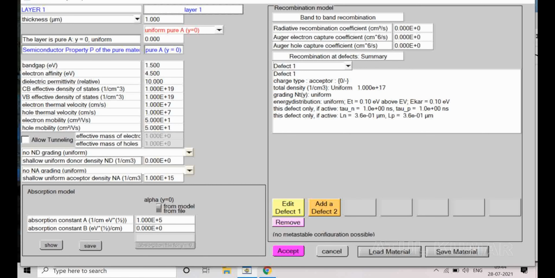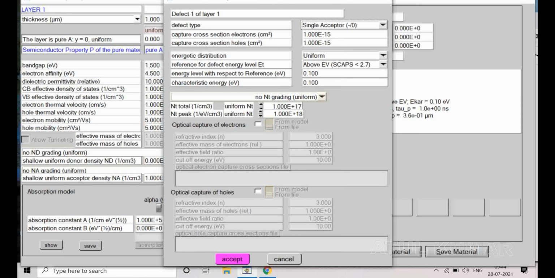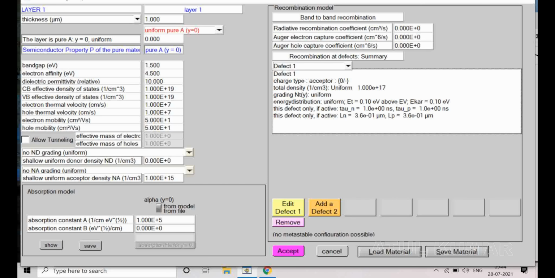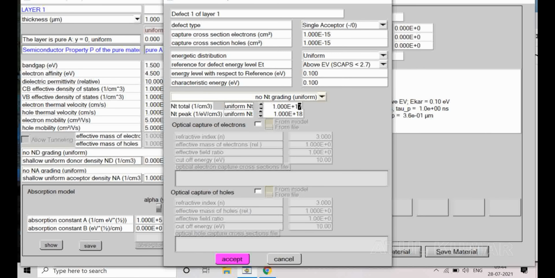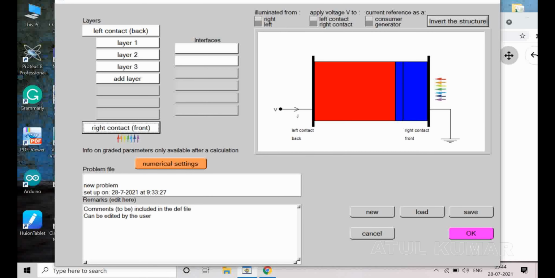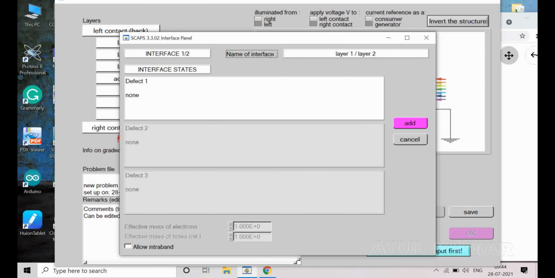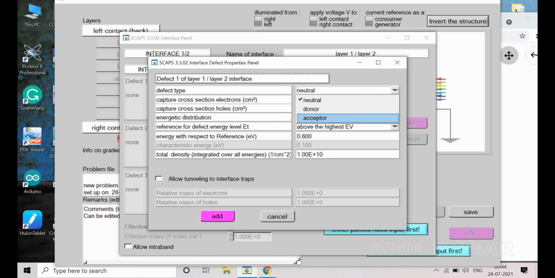So I have removed the back contact barrier, and now let me keep this, no problem. I will lower it down so that it is visible, and I will take an interface defect.